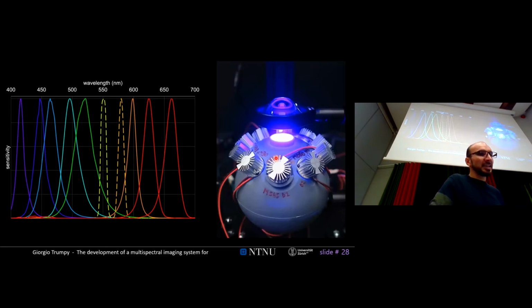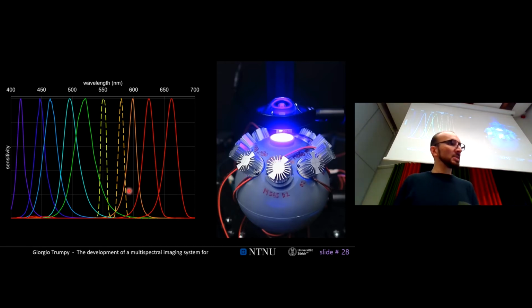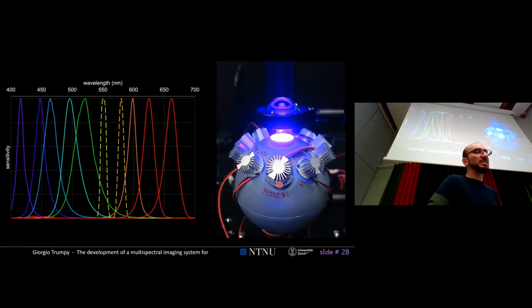There were 10, and two of them, these dotted ones, had to be created with an interference filter filtering a broadband LED, because you don't find efficient LEDs between basically 530 and 600 nanometers.